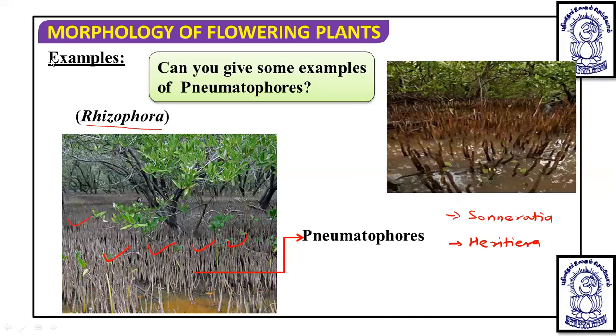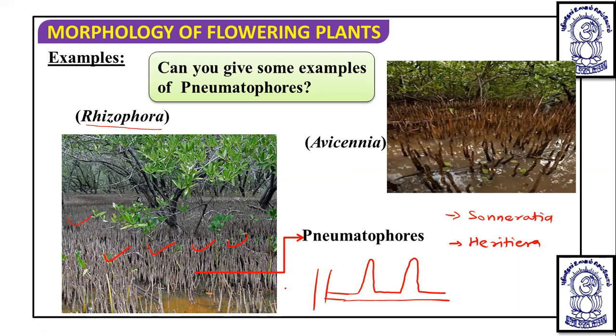Now, dear students, one more thing I want you to understand is that when any branch in this mangrove plant starts growing below the soil, it sometimes comes above the soil like this, and that is known as a pneumatophore. You see this is above ground; the ground is here. On these pneumatophores, you will find some pores.